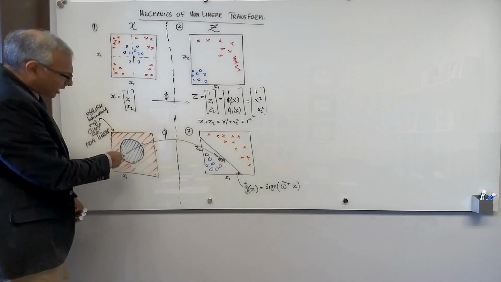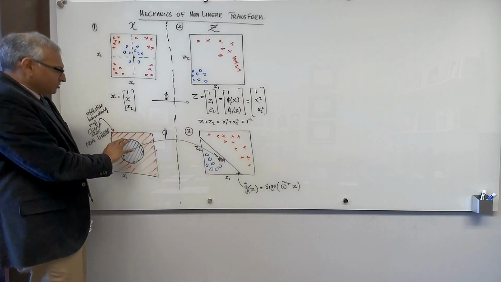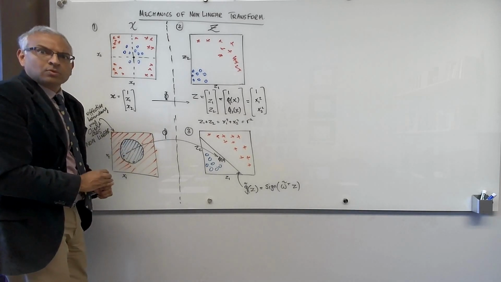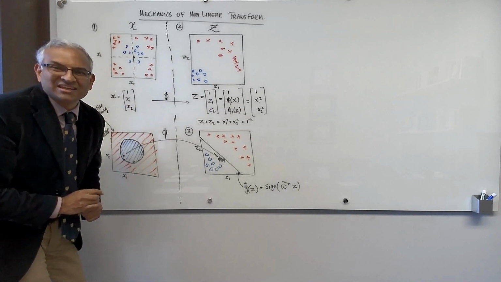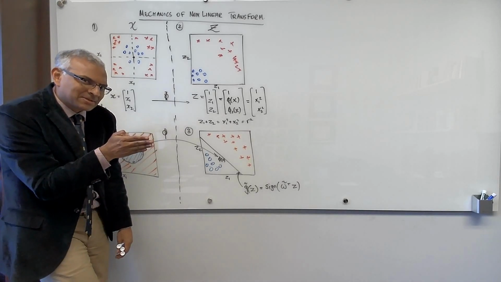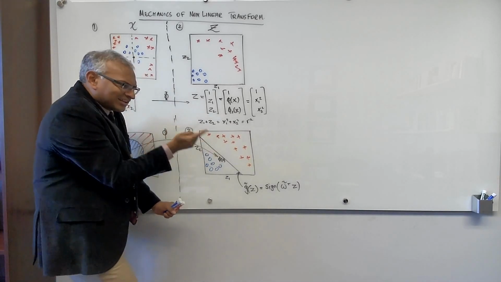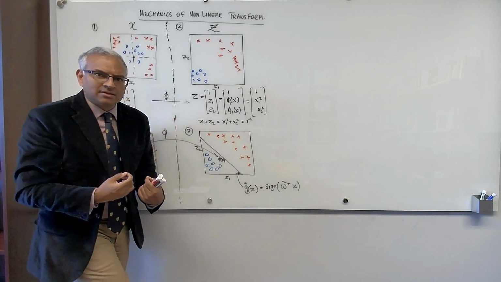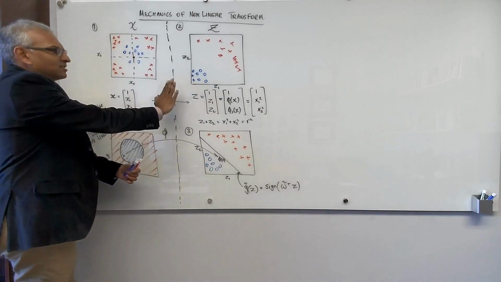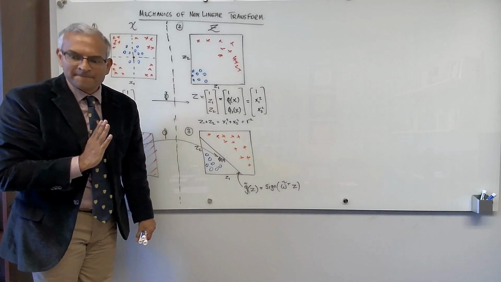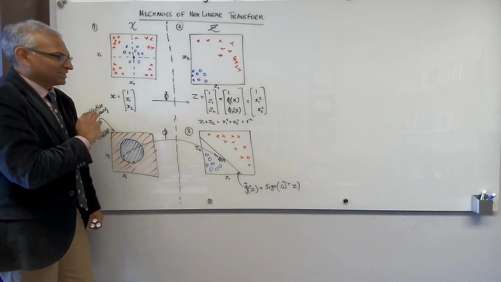When they look at the test points, they'll find that all these guys are red and all these guys are blue, and it looks like you did something very sophisticated, not just plain old linear. So again, I will reiterate: we are just using the linear model behind closed doors. The only thing I've added on top of this linear model is this feature transform, showing you the power of the linear model.